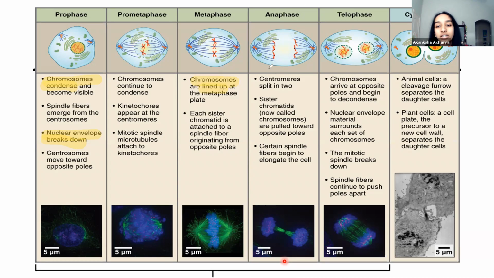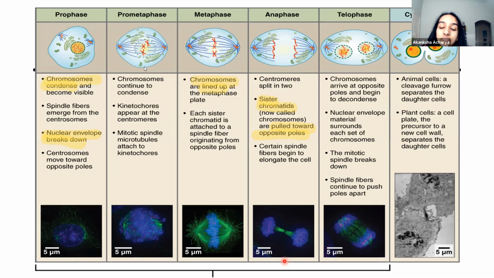Now we have anaphase, which is your sister chromatids pulled towards opposite poles. That is what happens in anaphase. You're dividing your chromosomes into new chromosomes, because naming is weird, but that's just how it is.